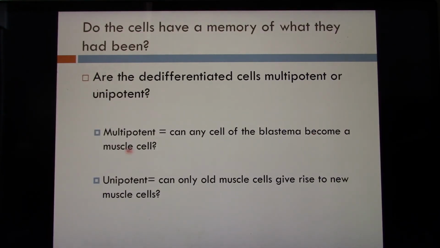So just a reminder, multipotent means any of the blastema cells can become a muscle cell, any of those, or unipotent means only old muscle cells can give rise to new muscle cells. In other words, can a cartilage cell give rise to a muscle cell, or does it have to be an old muscle cell that creates a new muscle cell?